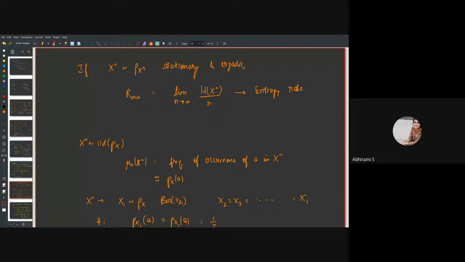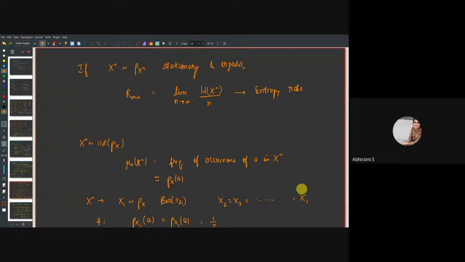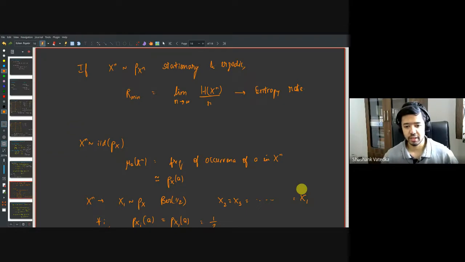Can't we get a sequence 1 0 1 0 1 0? No. I'm saying that with probability 1, x2 is going to be equal to x3 is going to be equal to x4, and all of them are going to be equal to x1. So it's a dependent sequence of random variables. This is an example that I am considering.